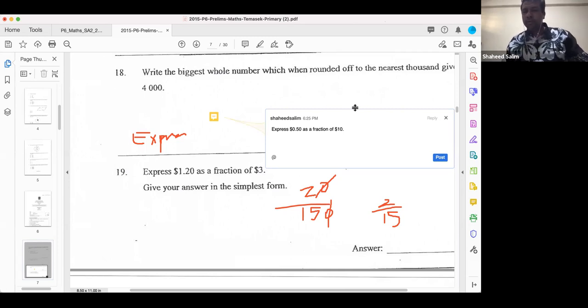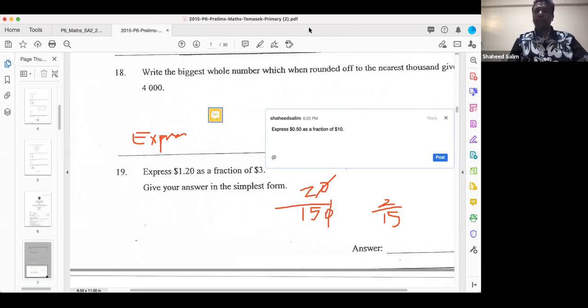Okay, we do not want decimal. Change the 50 cents to cents. Then the $10, change it to cents.